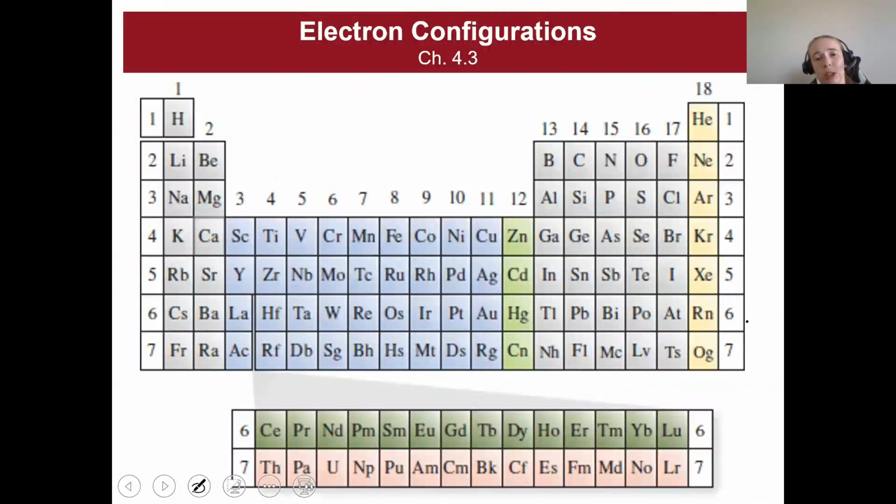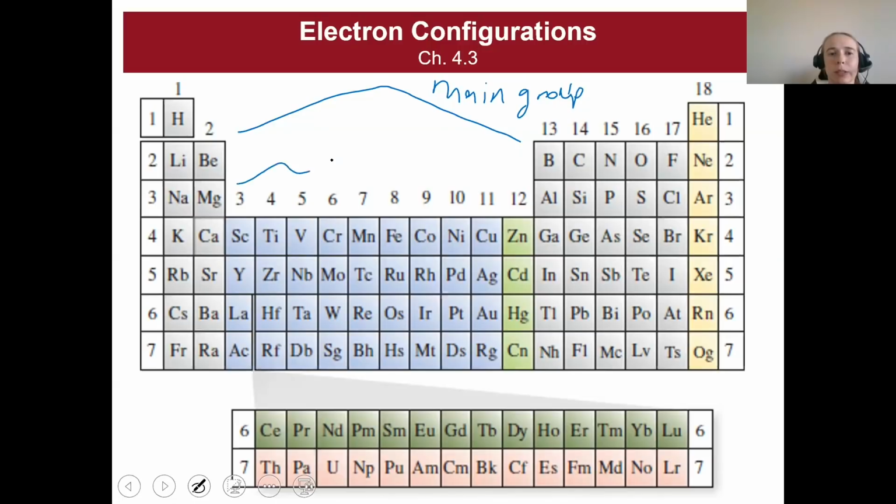And then this is just a diagram your book gives you to note the different regions of the periodic table. So the s and p blocks combined, those elements are called main group elements, which that term might have appeared on other previous periodic tables I gave you. These blue ones are the transition metals.